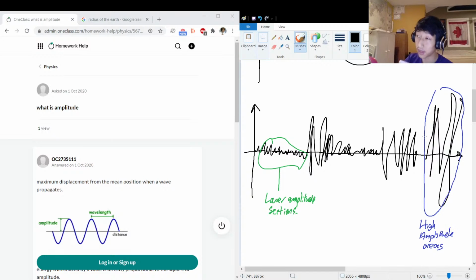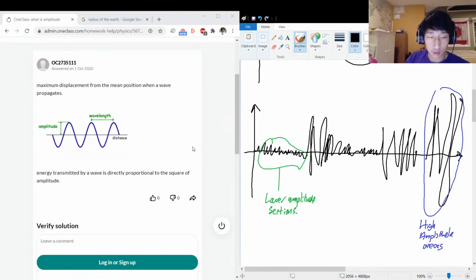Let's say for a light signal, or if you're putting on a light show, where it's higher amplitude, you would expect to see brighter lights or dimmer lights, depending on if you're at the top of the curve or at the bottom of the curve. Amplitude is a good measure of how intense a signal is. Okay?